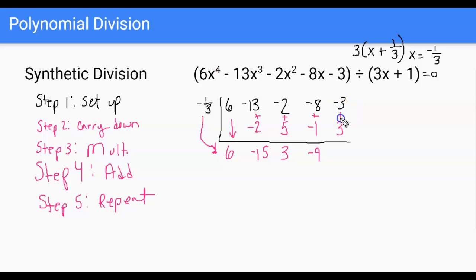And negative 3 plus positive 3 is actually equal to 0. So I kept multiplying, adding, and repeating until I ran out of things to multiply, add, and repeat. I got to the end, and I see that my remainder is 0. So that means that this was actually a factor of that.